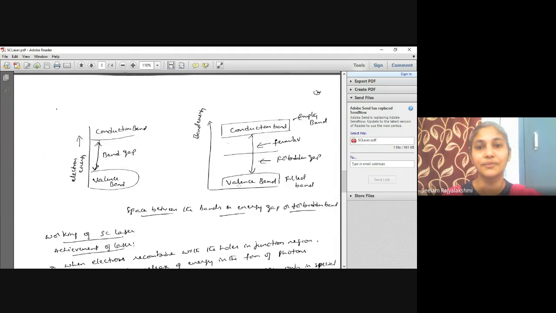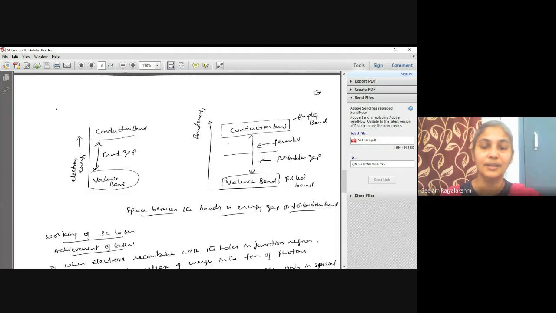Here the valence band is the filled band, and the conduction band is the empty band. The gap here we can call the Fermi level, or the forbidden gap.